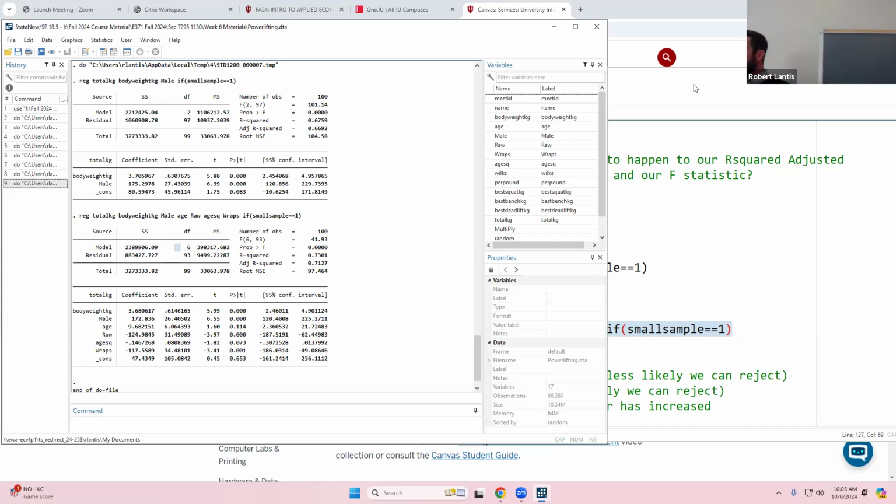Apparently we could explain a lot more of that Y variable. So yes, the number of restrictions will make it less likely we can reject the null because it pushes that test statistic down. But if adding in those additional restrictions, we've increased that difference we see in the R squareds, that's going to cause our F statistic to go up.